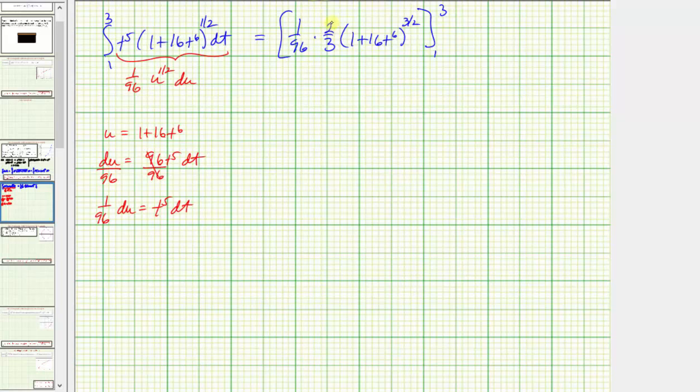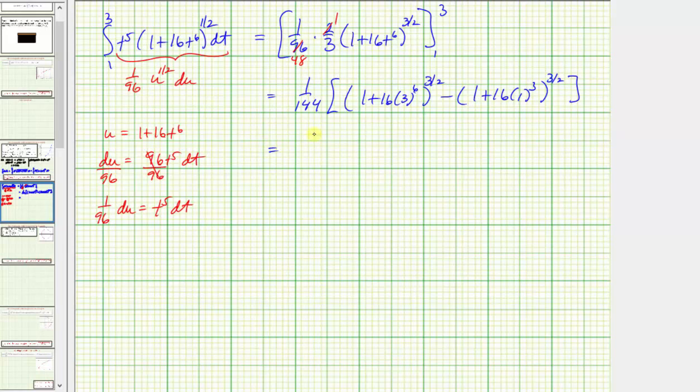Let's go ahead and simplify here. There's 1, 2, and 2, and 48 2s in 96. 48 times 3 is equal to 144. So we'd have 1 over 144 times, when t is equal to 3, 1 plus 16 times 3 to the sixth raised to 3/2, minus, when t is 1, 1 plus 16 times 1 to the sixth raised to 3/2.